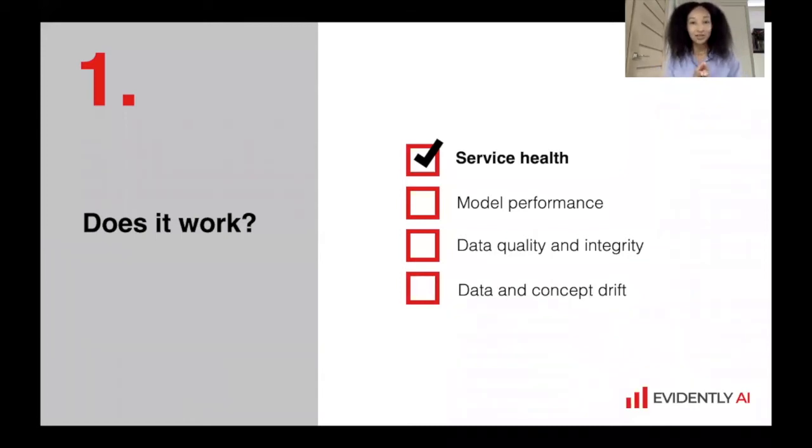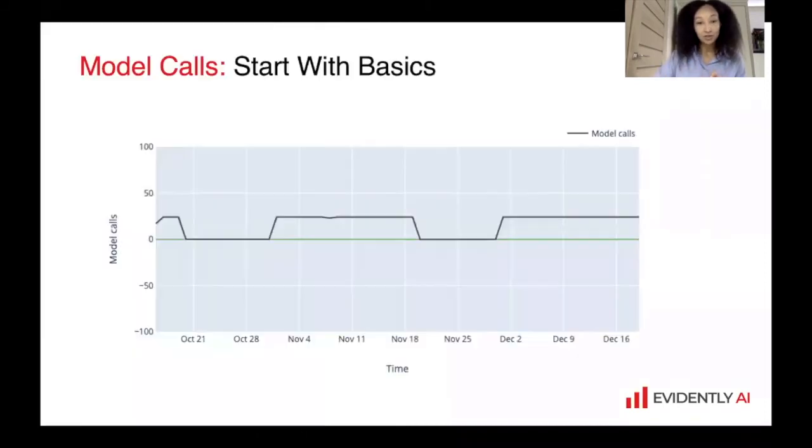And the first stage of monitoring I want to bring up here is the service health, because first of all, we need to figure out, does our service actually work? So here, again, I assume that you already have some production services, and I suggest you use the same system and the same approach for your machine learning service, right? Just one thing I want to bring your attention to is the model calls dashboard.